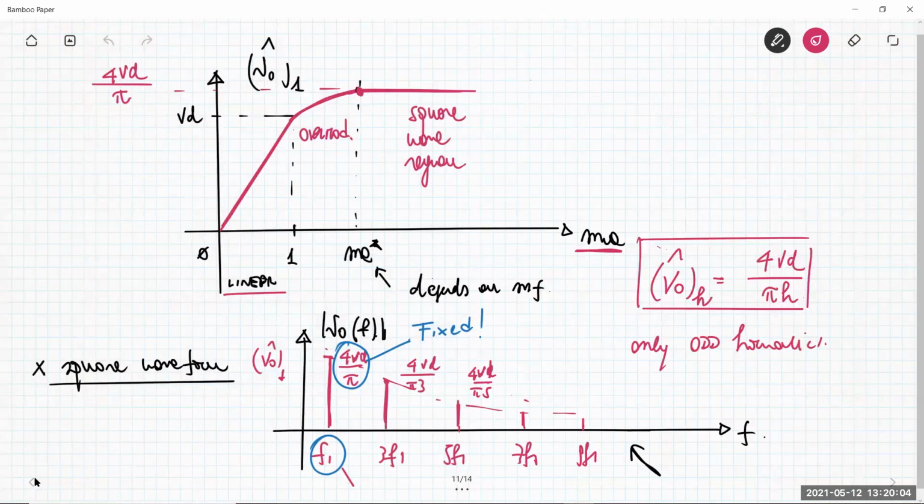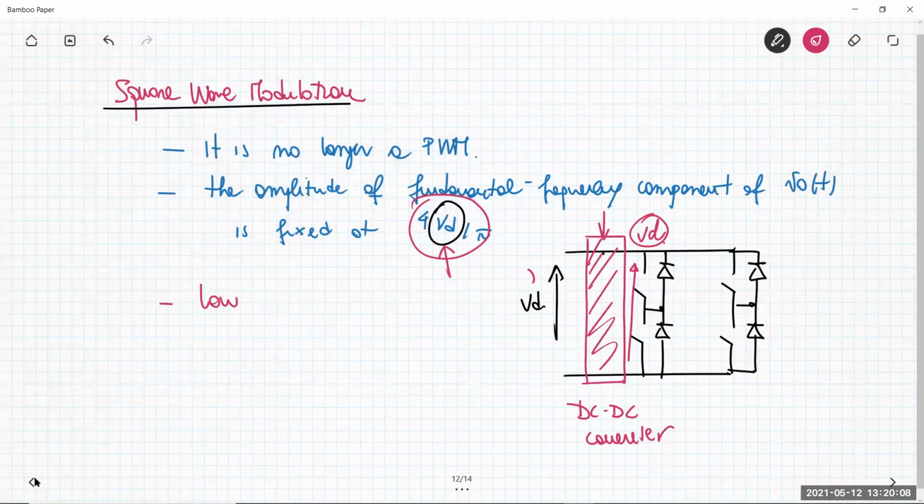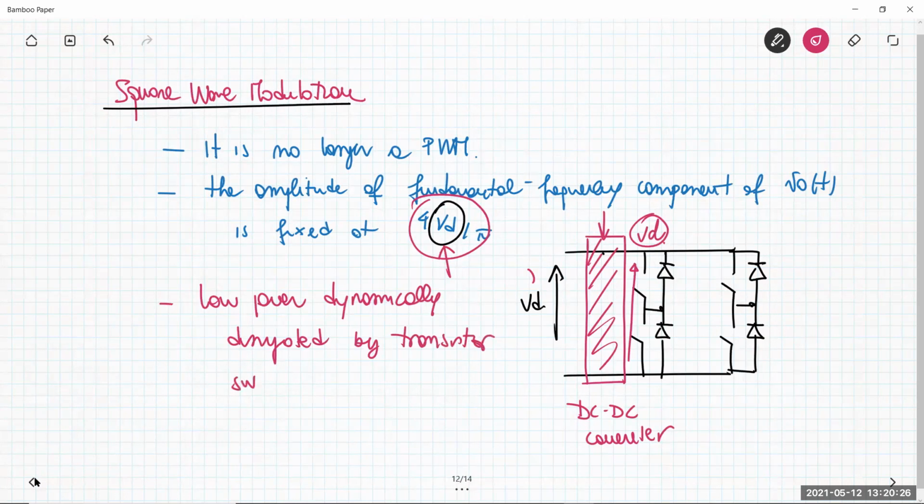So, low power dynamically dissipated by transistor switching, because you have fewer commutations during a period T1.